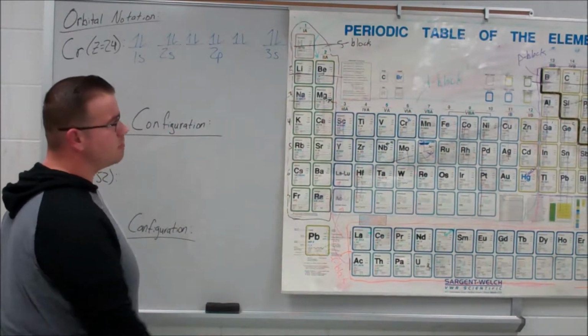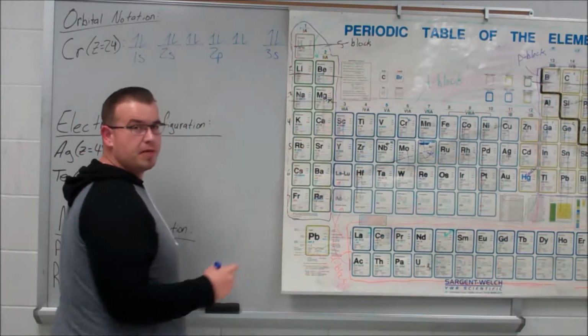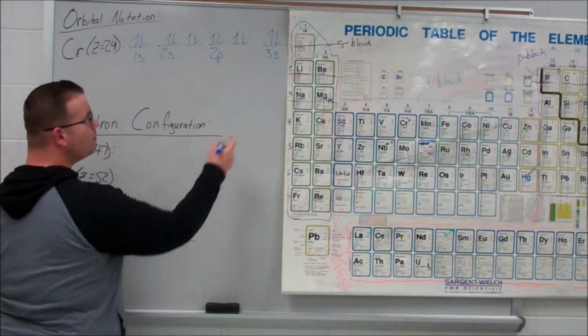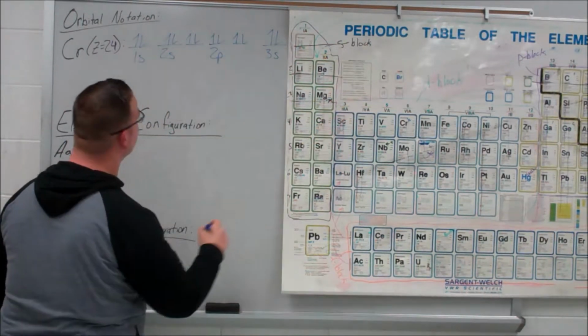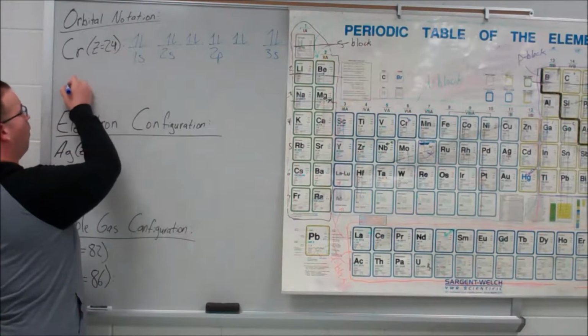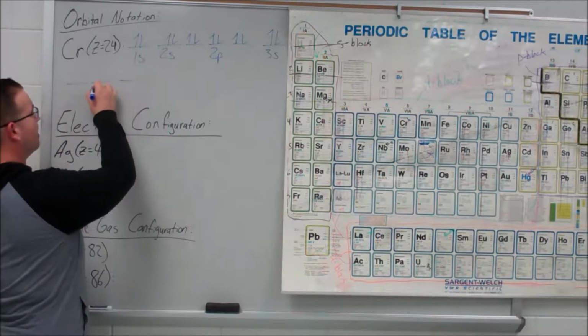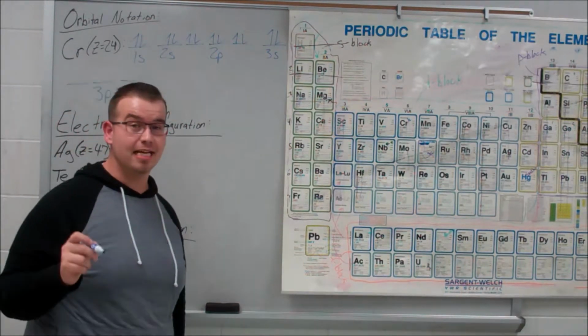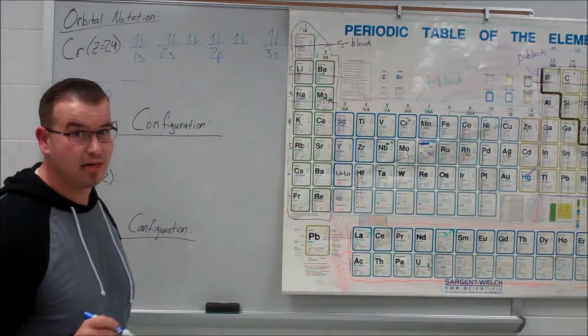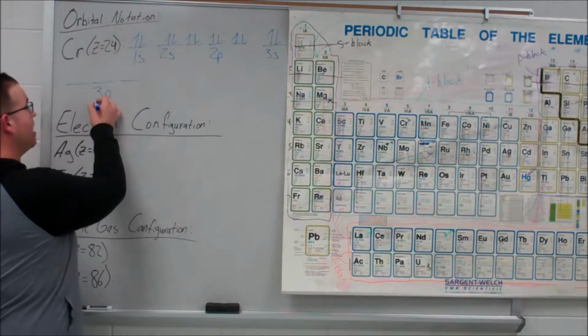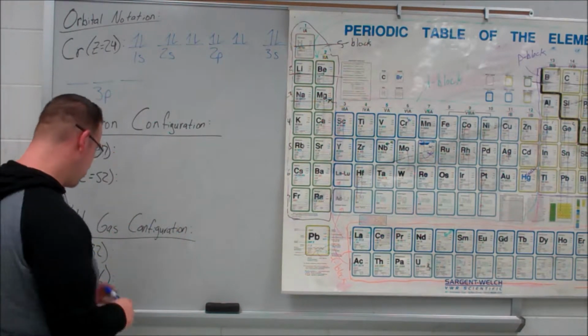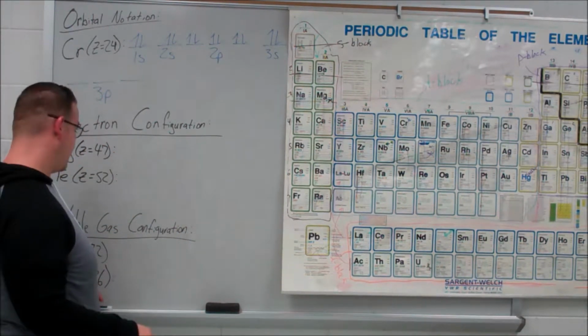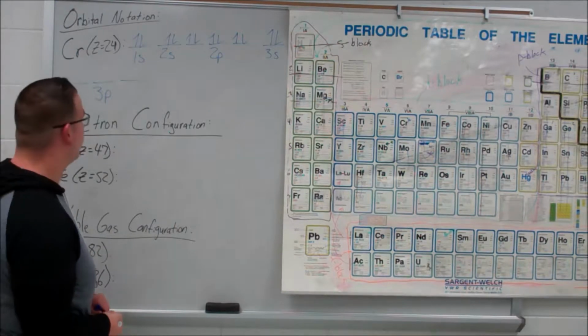Now after 3s, we're still in the third row, but we're going to the P block. So third row, P block, we're going to 3p. So 1, 2, 3. Why did I put 3 dashes there? I did not put 3 dashes there because of this number 3. I put 3 dashes there because of it being a p orbital.